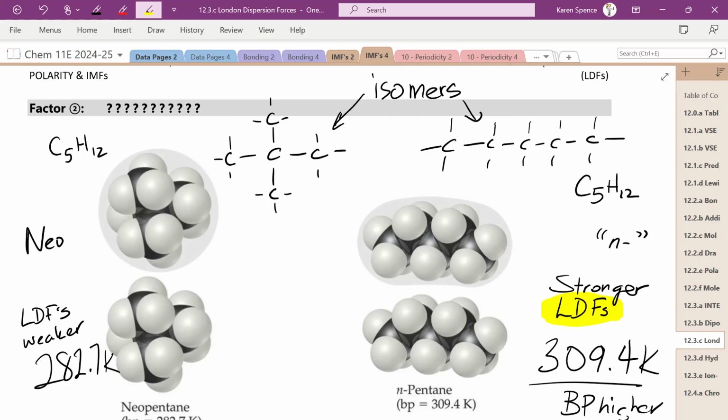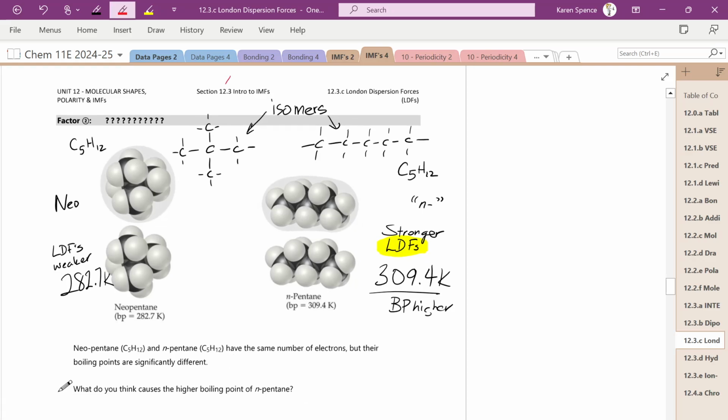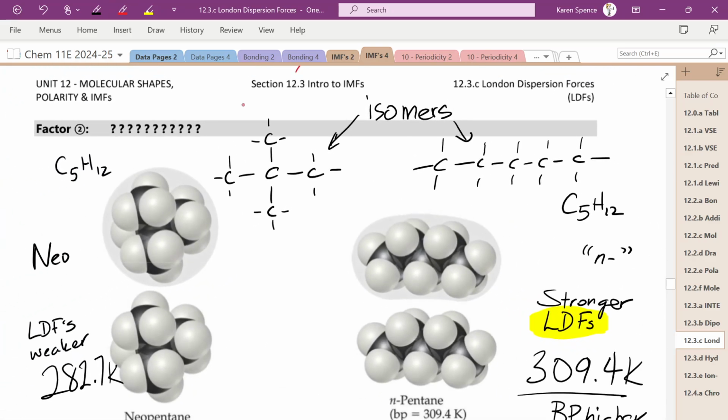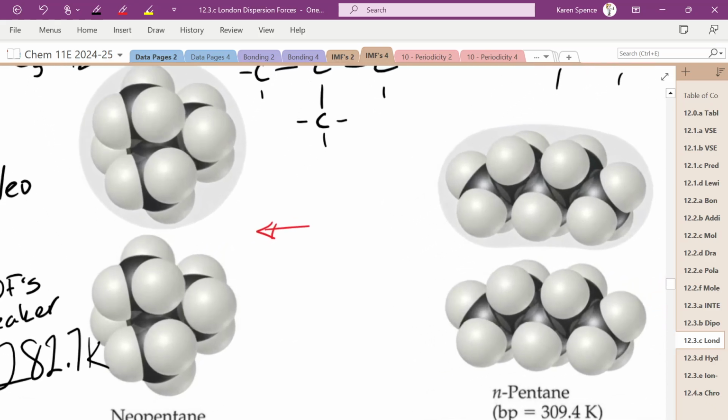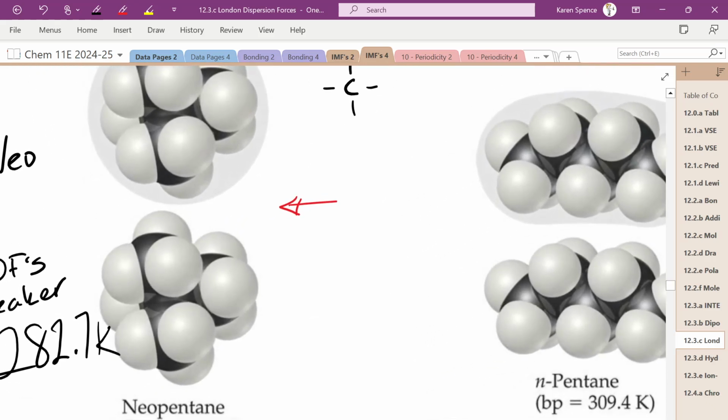If you had to draw your LDFs like this, you know how I usually draw them like that? How would you draw it here? In between, so like this.